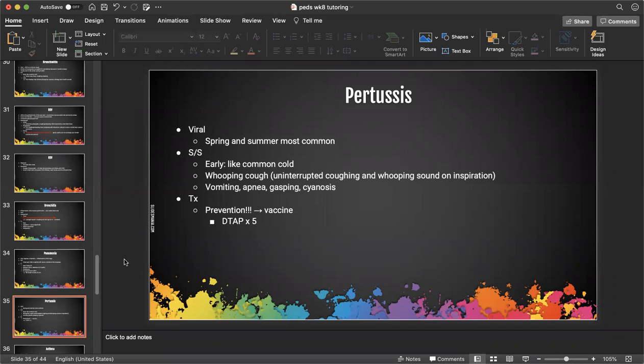They can also have vomiting, apnea, gasping, and cyanosis. The treatment is prevention with the vaccine. They'll get the DTaP, and then they can have a booster, the Tdap, I believe between 11 and 64. I'm pretty sure it's 1 booster shot of Tdap, but if I'm wrong, just correct me.